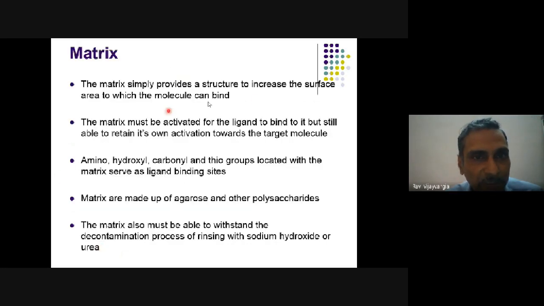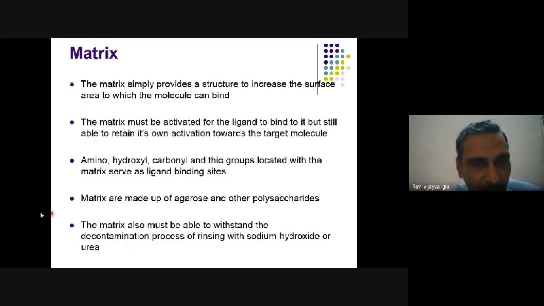So the matrix, as previously shown, is normally made up of agarose or sepharose, and it will have certain biologically active functional groups like amino, hydroxyl or carboxyl groups, so that it can act as a target for attaching your linker. That linker will then be further attached with the ligand.